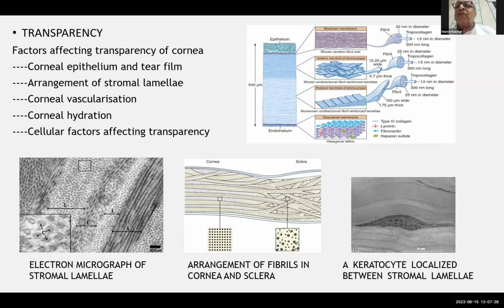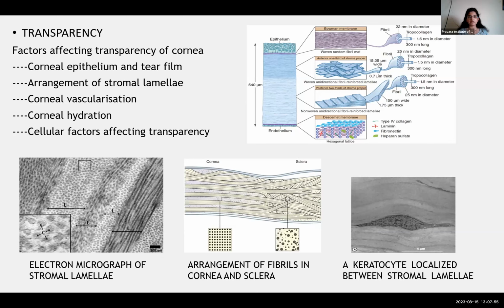I would have asked you a question on that, but before that, can you tell me something about corneal hysteresis? Corneal hysteresis is basically the property of viscoelasticity of the cornea.